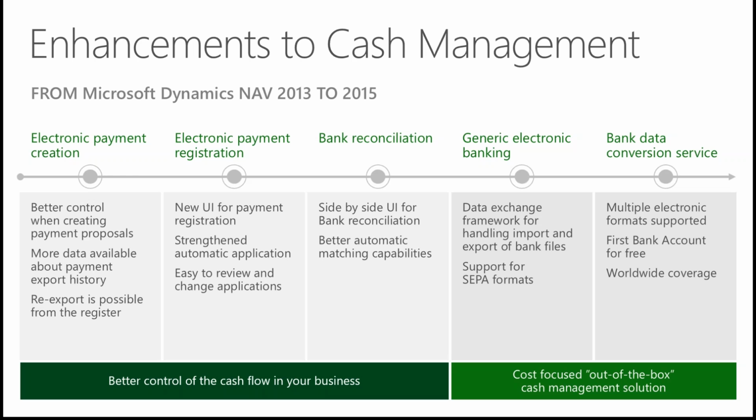The electronic payment registration is for your cash receipts, for cash coming in that you receive from your lockbox, for example. And back in 2013 R2, we introduced automatic application, which means you can set up some parameters where when the bank file is imported, it will go through matching scenarios based upon tolerances you set that will attempt to match your actual payment to your invoice.